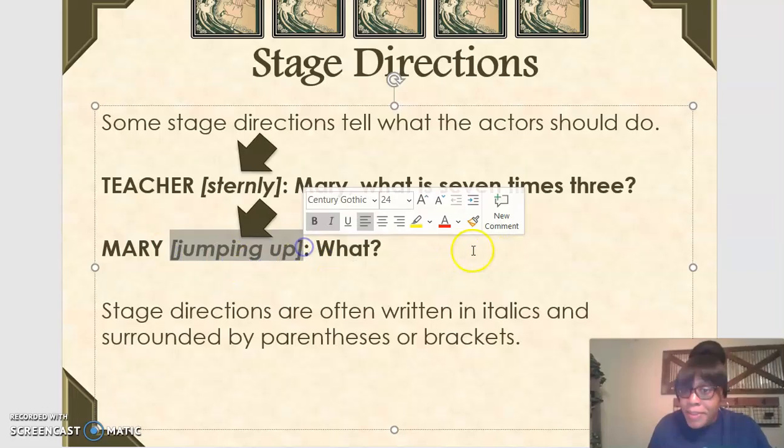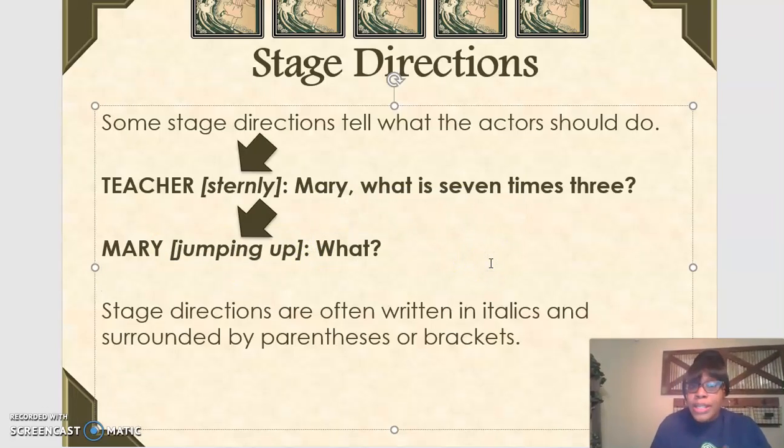She's going to jump up. So, teacher saying sternly, "Mary, what is 7 times 3?" And then Mary jumps up and says, "What?" Okay. So your stage directions are going to be written in italics and surrounded by parentheses and brackets.